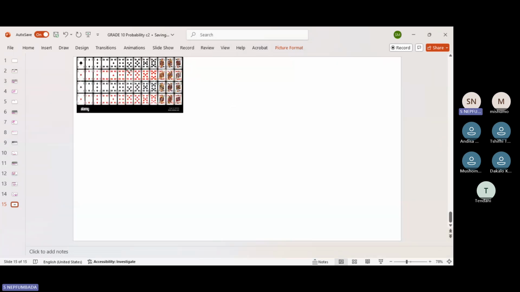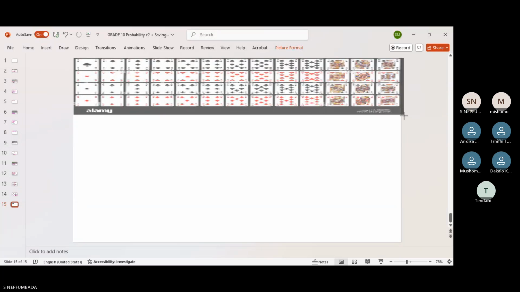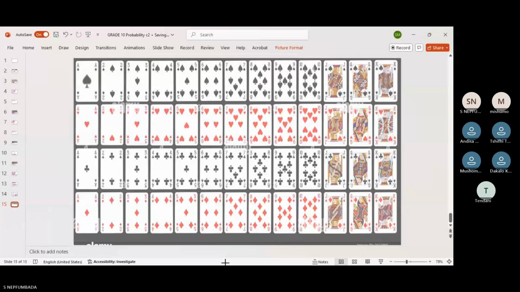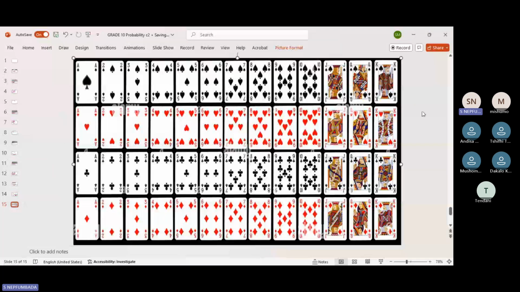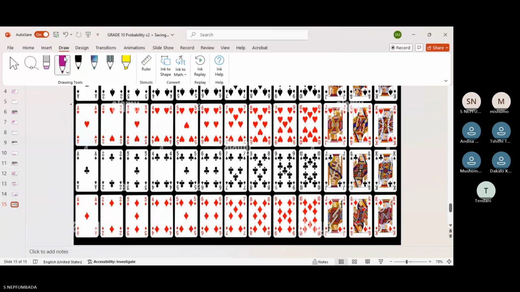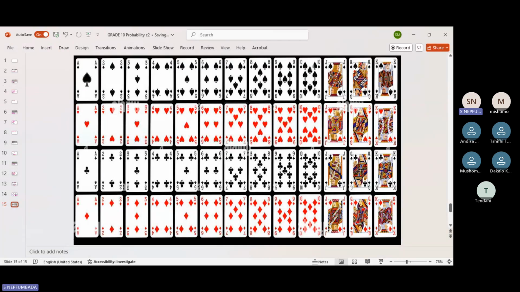Those are our cards. Are we fine? By looking at those cards, you can tell that we have 1, 2, up to 10, 11, 12, 13.